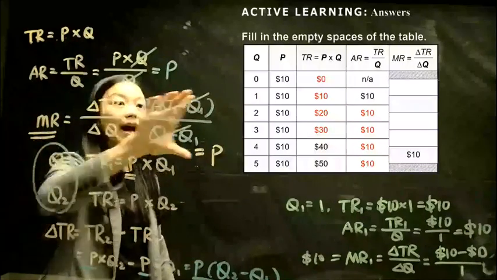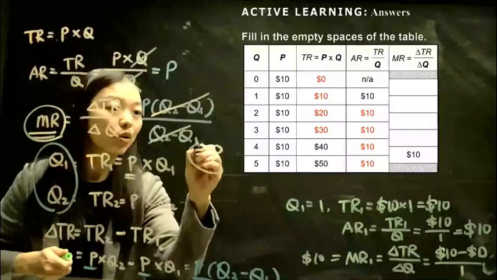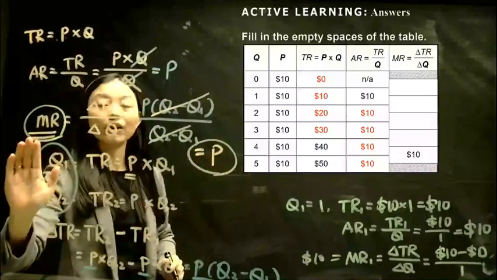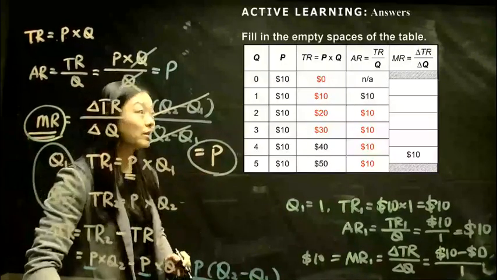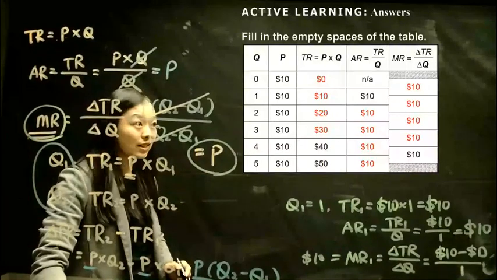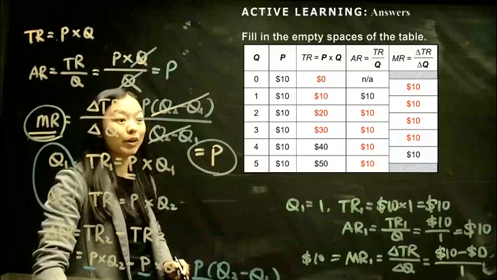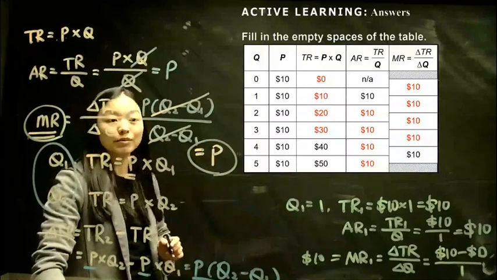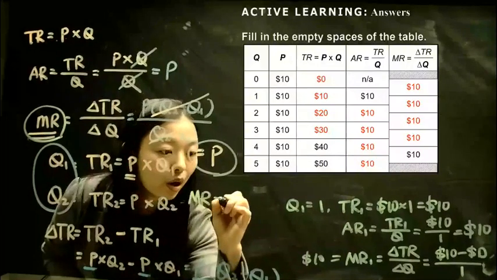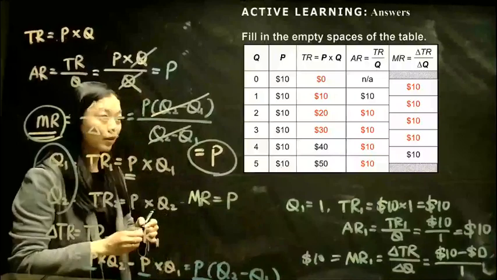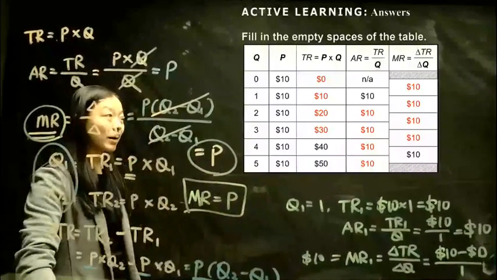And just based on what we have here, in a perfectly competitive market, marginal revenue also equals price, right? So you can see this is a very interesting phenomenon. In a perfectly competitive market, we have marginal revenue always equal to price. We will always have this in a perfectly competitive market.